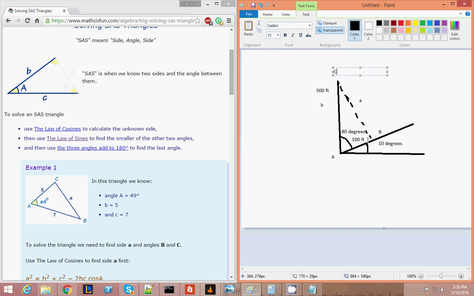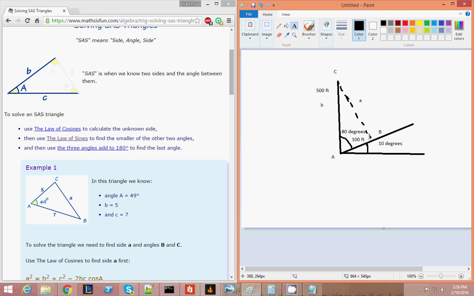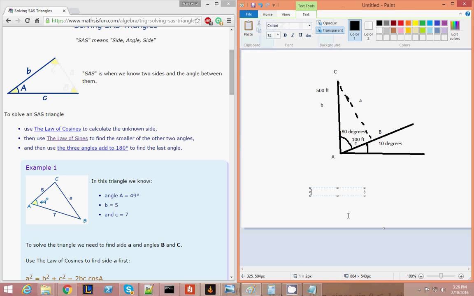So let's write out what we have. Angle A is equal to 80 degrees. Our side B is 500 feet. And our side C is equal to 100 feet.